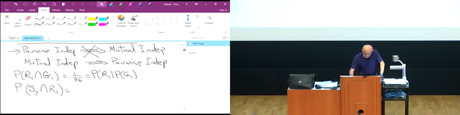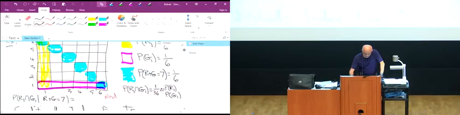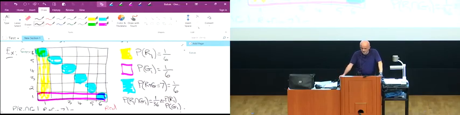Let's go back to our diagram. What's the probability that the sum was 7 and the red one came 1? What's the answer? 1 over 36.